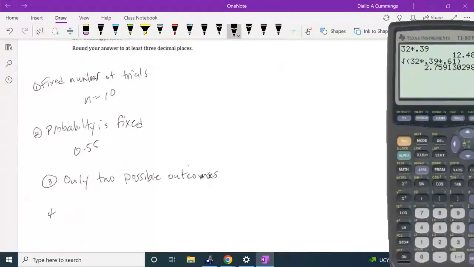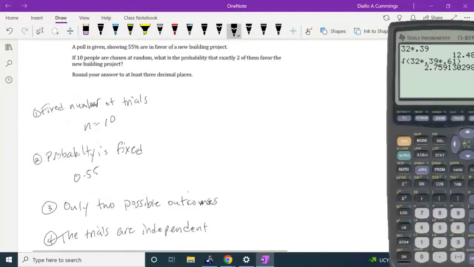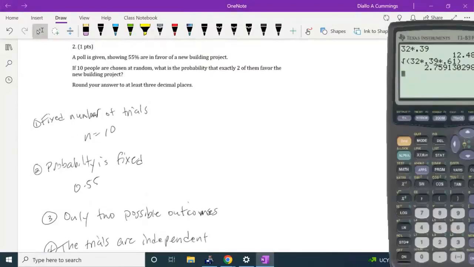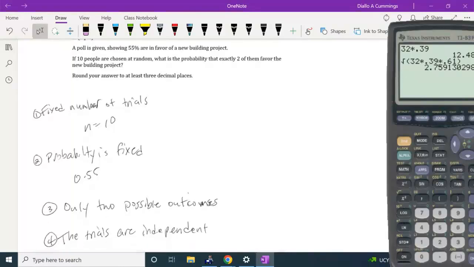And then the fourth says that the trials are independent. Okay. So we're choosing 10 people out of a population, so each person we choose is not dependent upon the person we chose before. Right. So this would, in fact, be a binomial distribution.